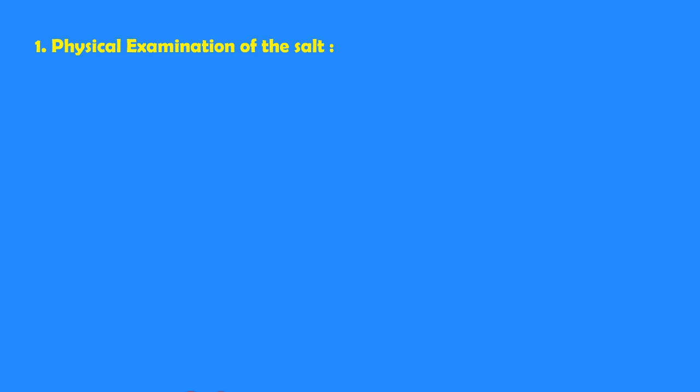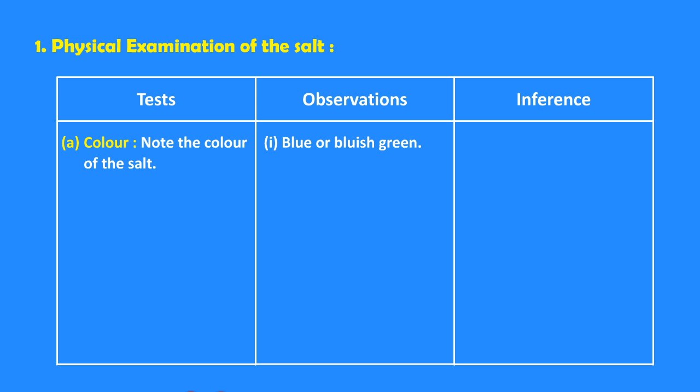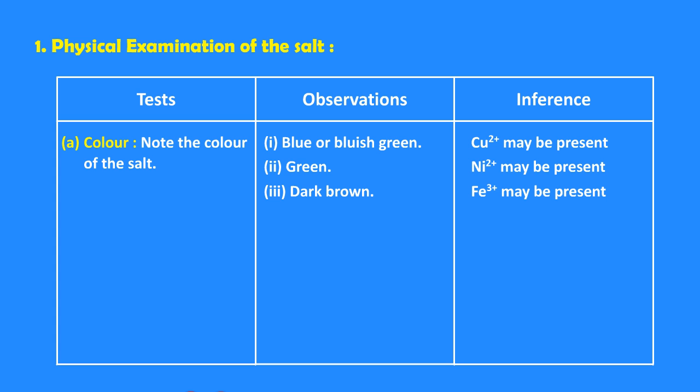Physical examination of the salt. Test, observations, inference. Color: note the color of the salt. Blue or bluish green: Cu2+ may be present. Green: Ni2+ may be present. Dark brown: Fe3+ may be present.